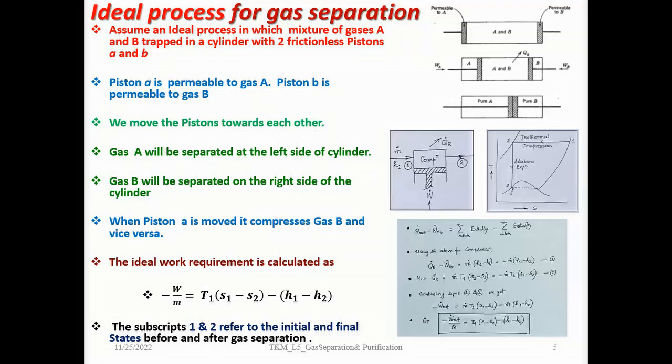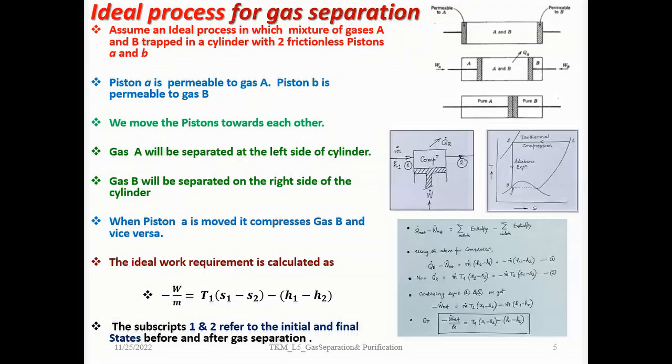So they get separated now, but they will have the total pressure that was initially observed. So the total pressure inside will be P equal to the partial pressure of gas A plus the partial pressure of gas B.